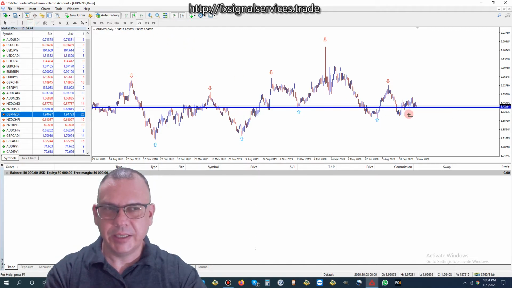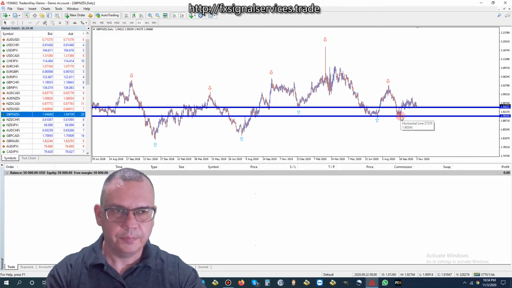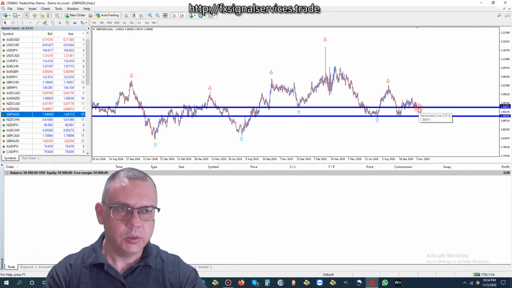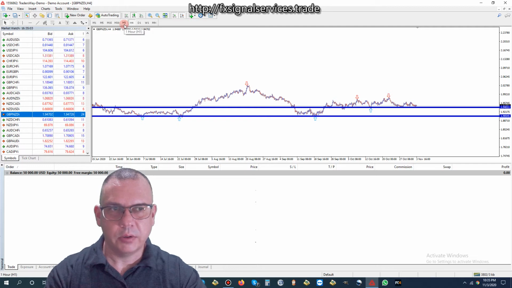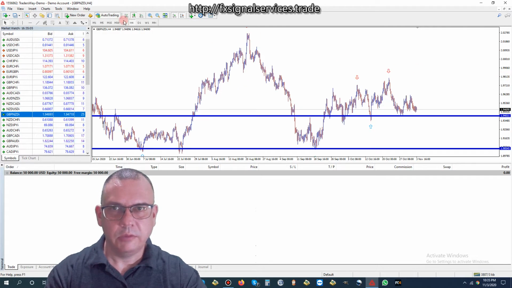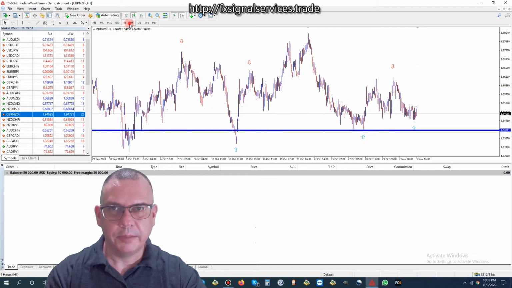Now the thing is, it's hard to say because we have a support here where this blue arrow hit, so we know that's a very strong support. So there's a strong possibility that the price will drop down to here. If we go back to the 4 hour, even 1 hour, 1 hour shows to go up right now.